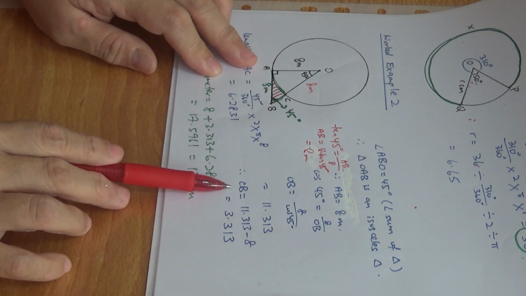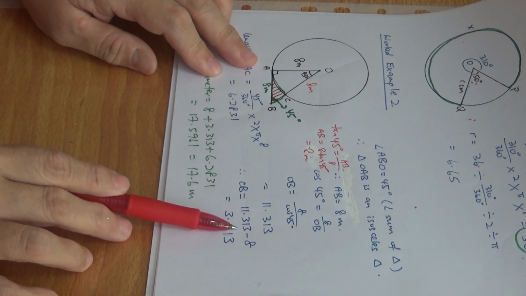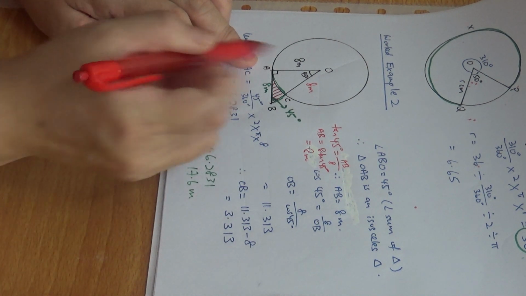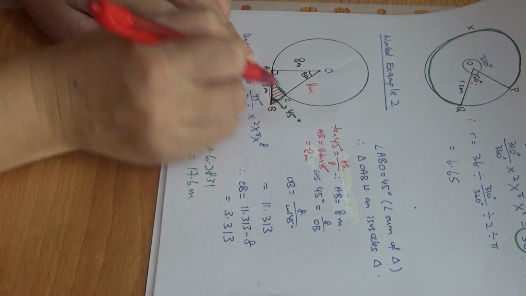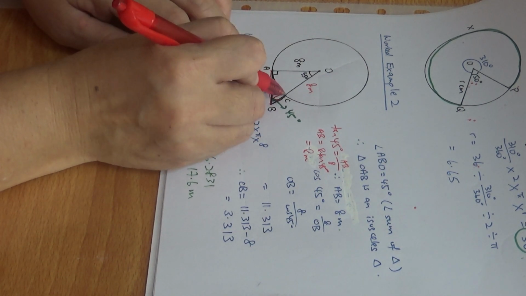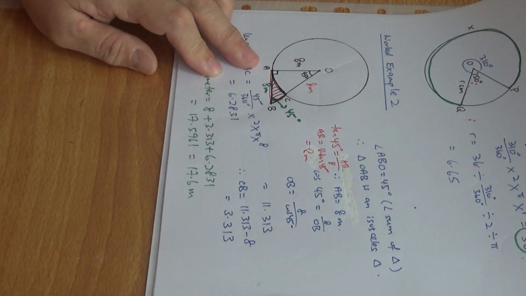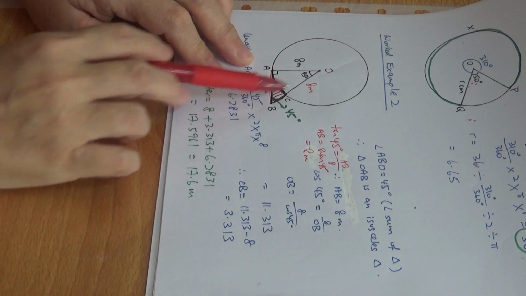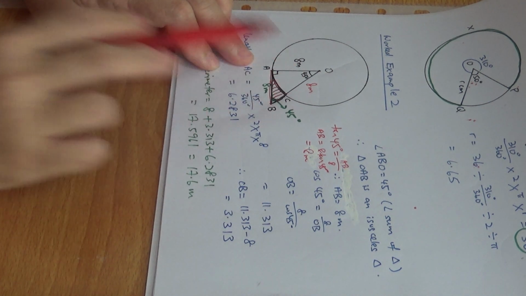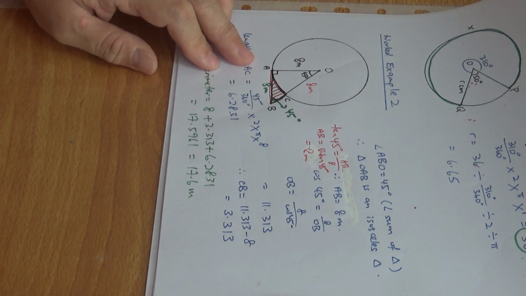So the length of CB will be 11.313 minus 8, I'll get 3.313. So I found this length AB and this little length CB. Now is the time to find this arc AC. One more thing is that in order to find OB, an alternative method is to use Pythagoras theorem.